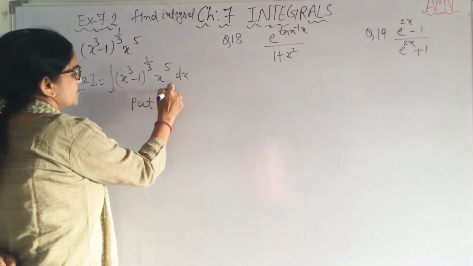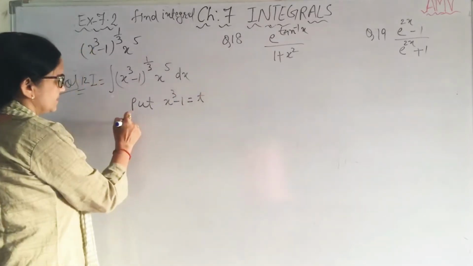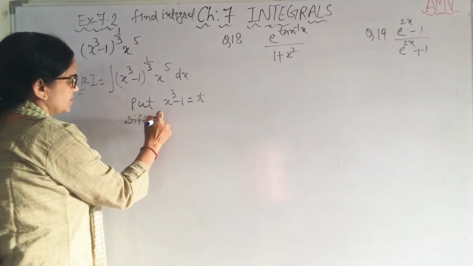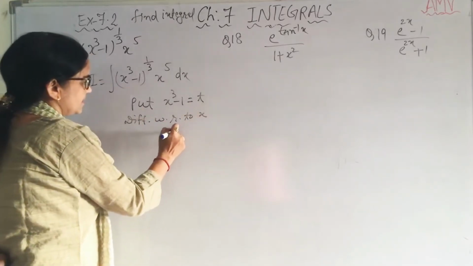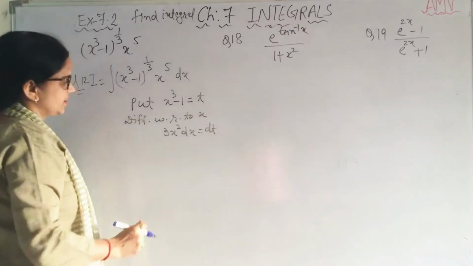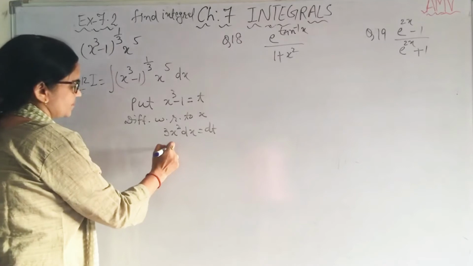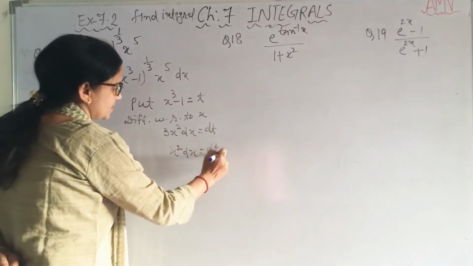Now let x cube minus 1 equal t. Then differentiating, you will get 3x square dx is equal to dt. So x square dx is equal to dt by 3.